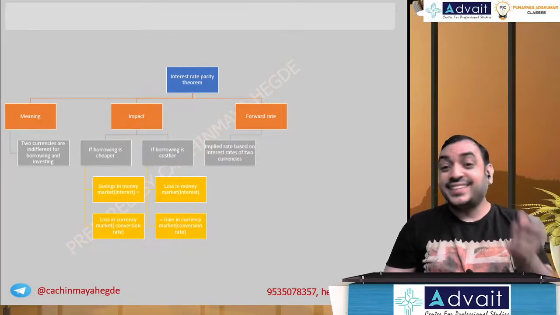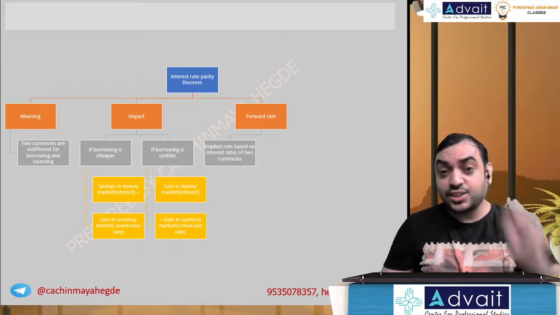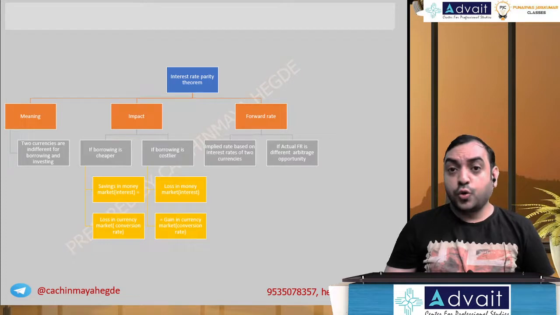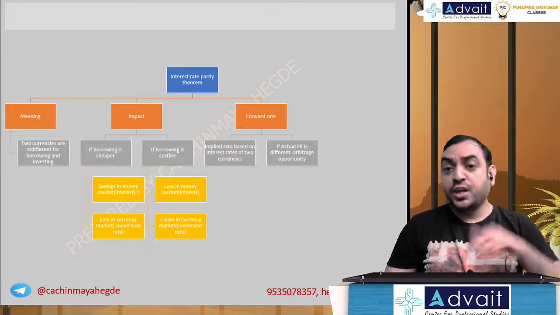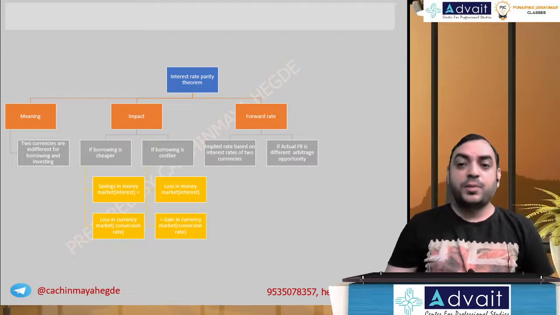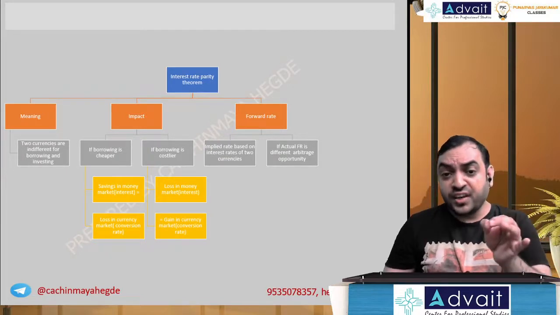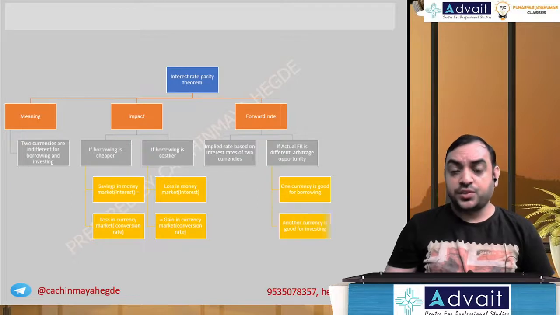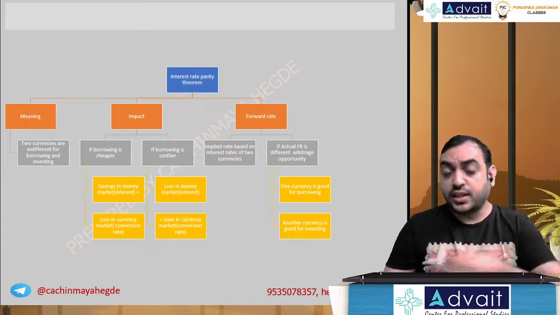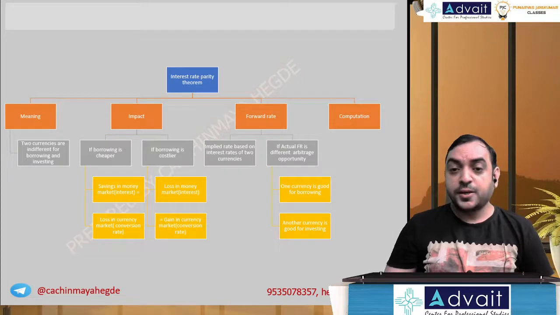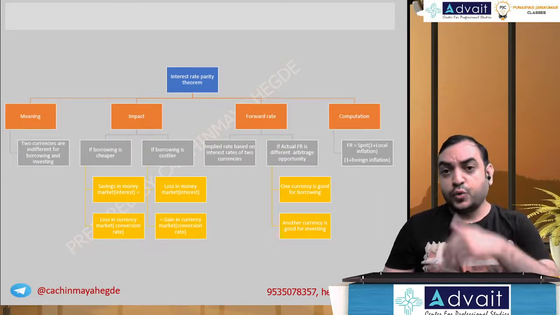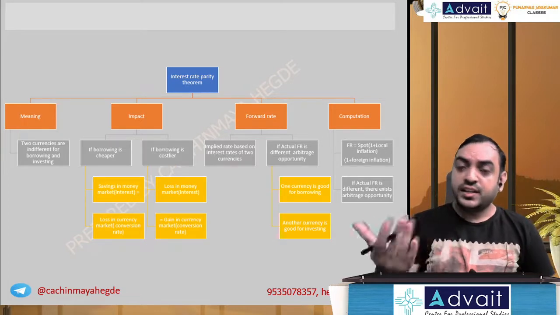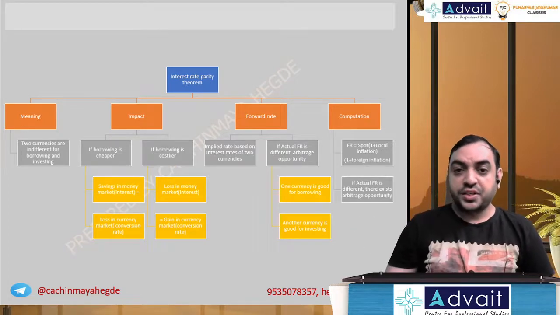So forward rate is the implied rate based on interest rate between two currencies. The formula is 1 plus local interest by 1 plus foreign, compounded by local, discounted by foreign. If the actual forward rate is different from the implied rate, there exists an arbitrage opportunity. Means one currency is good for investing, the other currency is good for borrowing. And the computation is forward rate into 1 plus local by 1 plus foreign interest rates. If the actual forward rate is different, that means there exists an arbitrage opportunity.